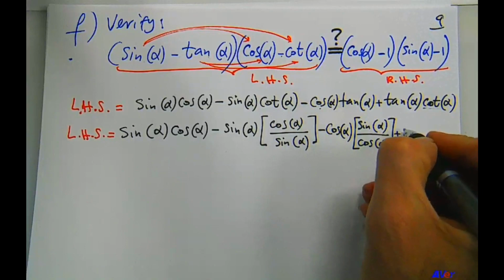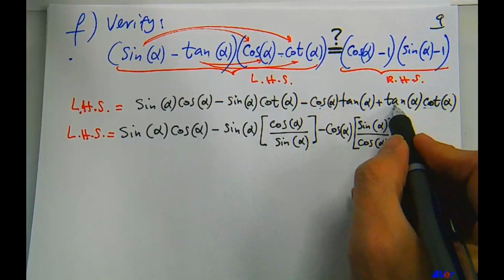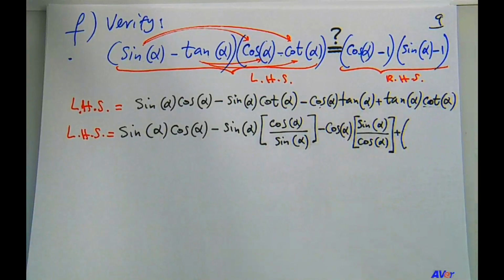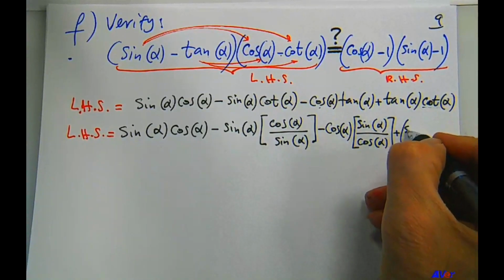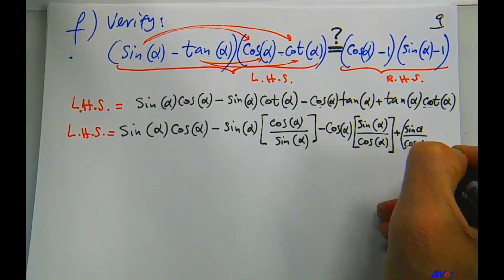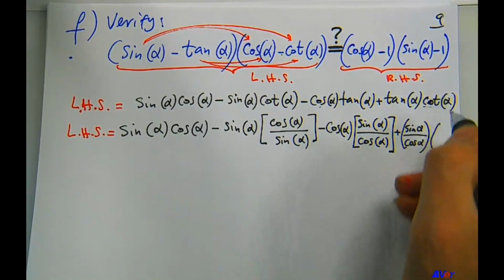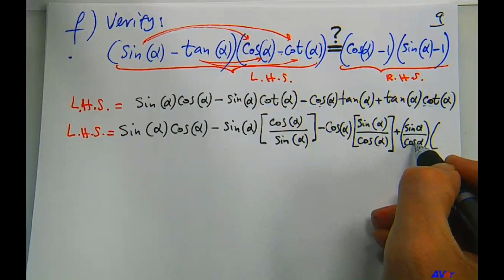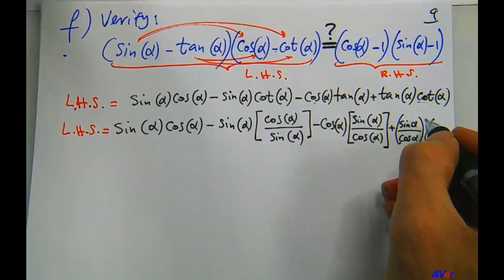One more term here. Let me see if I can fit it. So plus tangent alpha, which is sine alpha over cosine alpha, times cotangent alpha, which is the reciprocal of this, so cosine alpha over sine alpha.